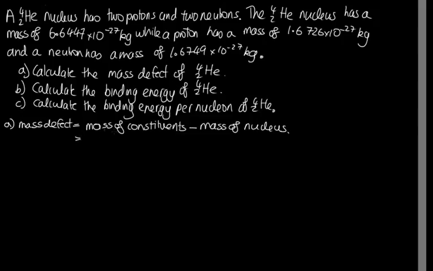Okay, so the constituents that go in, we have 2 of these protons, so this is 2 times 1.6726 times 10 to the minus 27, and then we've got 2 of these neutrons as well.